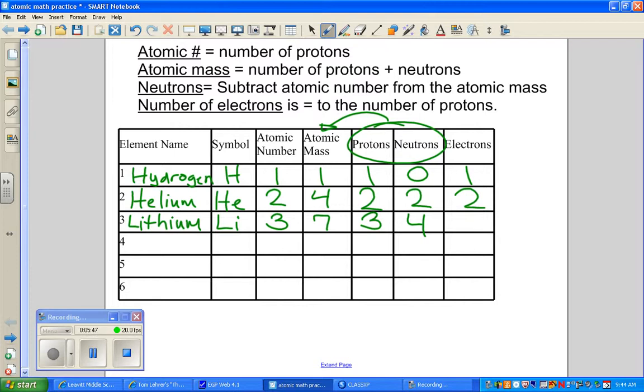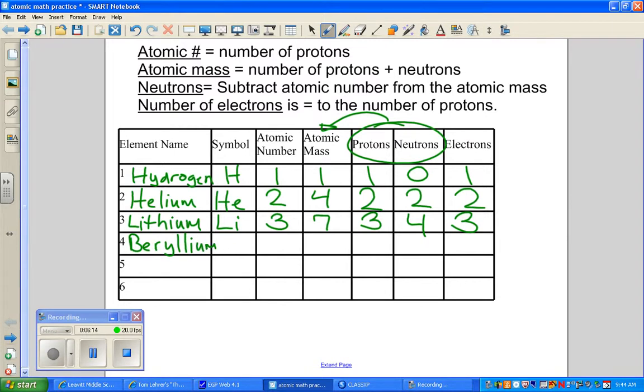Okay, what's number 4? Beryllium. Spell it for me. Okay, Abby, spell it for me. IUM. Okay, what's the symbol? Be.